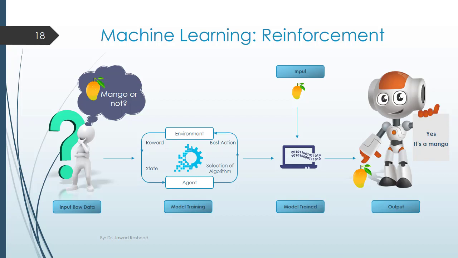Once the training is completed, the model can easily identify which of those are mangoes. Once the model is trained, you give another input, unseen data, and the model will predict based on its training whether it is a mango or not. If it's a different kind of data, then it has to predict accordingly.